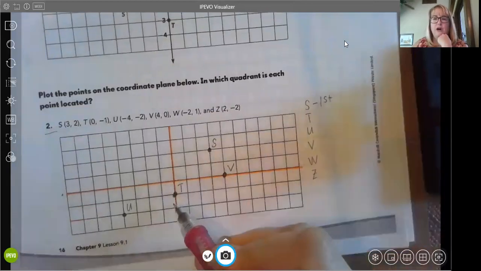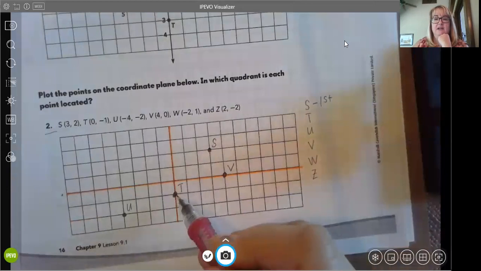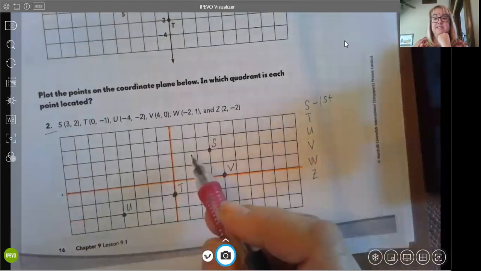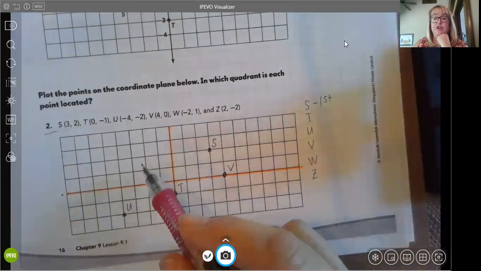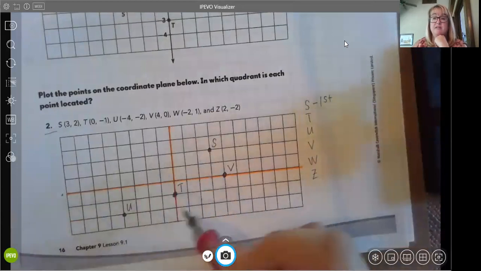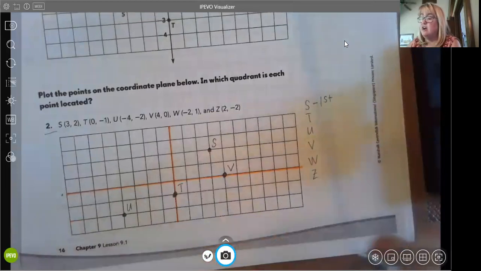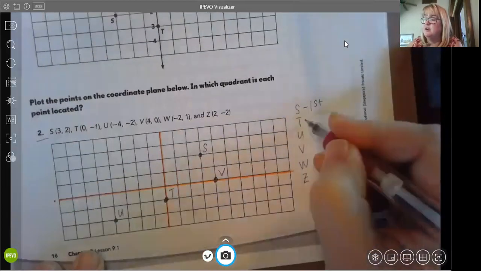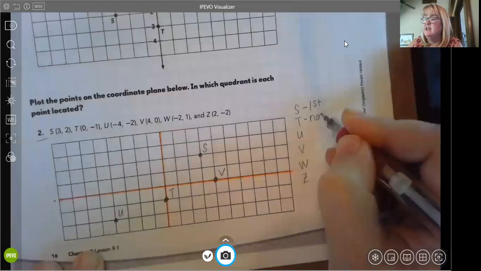T. What quadrant is T in? Think about it. What do you think? Is it in the first quadrant? Second? Third? Fourth? It's not in a quadrant at all. So you're going to put none. It is not in any quadrant.